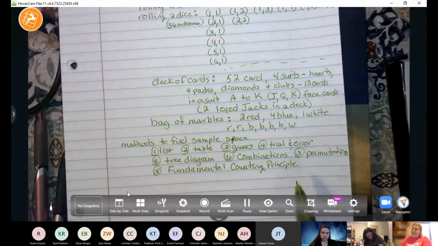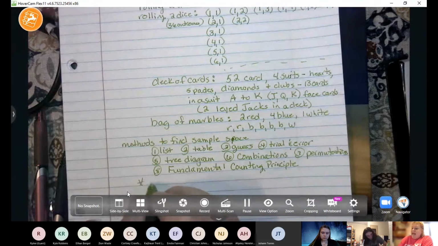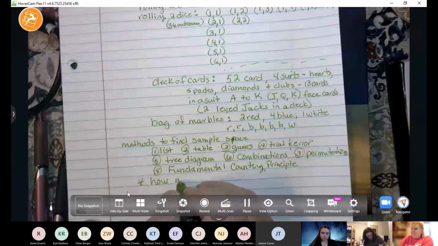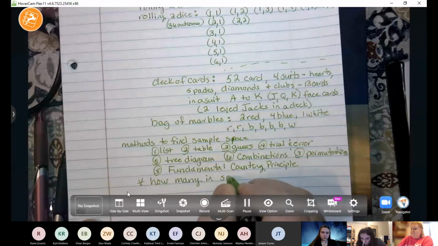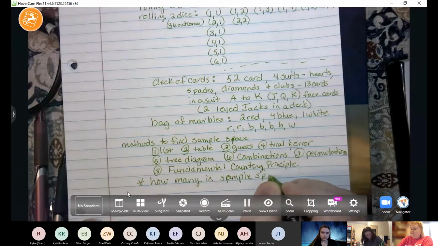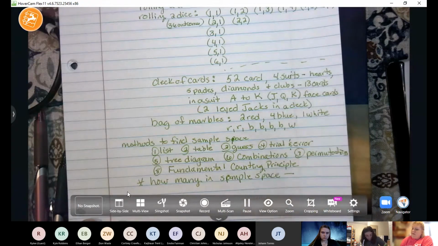Some of these methods just give us how many. Some of the techniques tell us what is in the sample space.